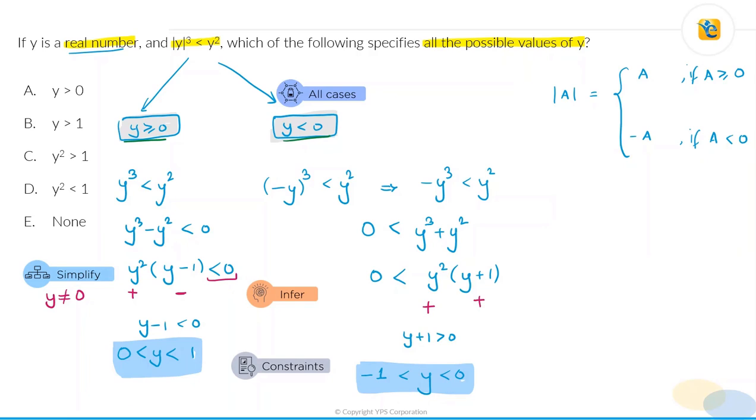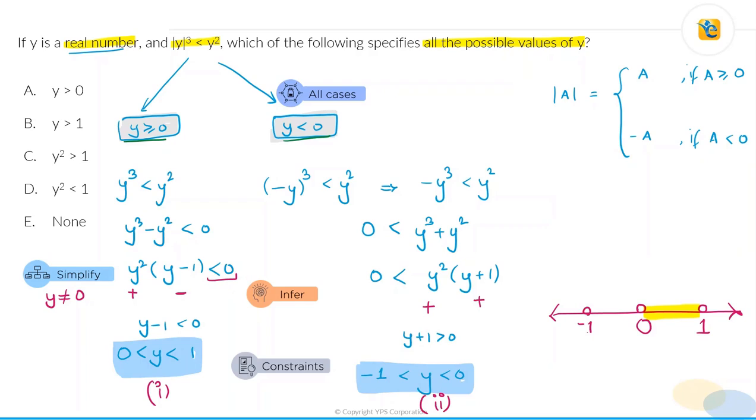Now finally, let me help you visualize this entire solution on the number line. The first piece here gave us that y is between 0 and 1. So this is 0, this is 1, and y is between these two, not including any of these. That's why I've kept these open balls. The second one is between negative 1 and 0.